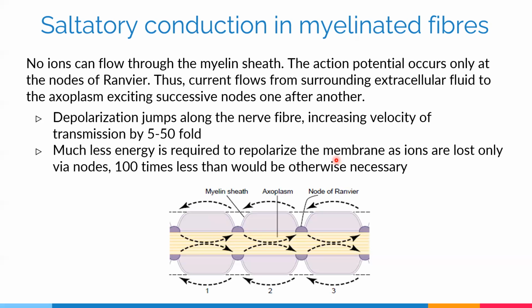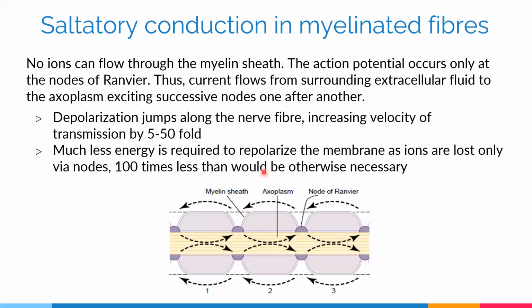And this, as we have seen, requires ATP, and thus much less energy is required to repolarize the membrane in the case of myelinated nerve fibers, as ions are lost only via nodes. Only this portion itself loses the ions, not the whole nerve fiber membrane.